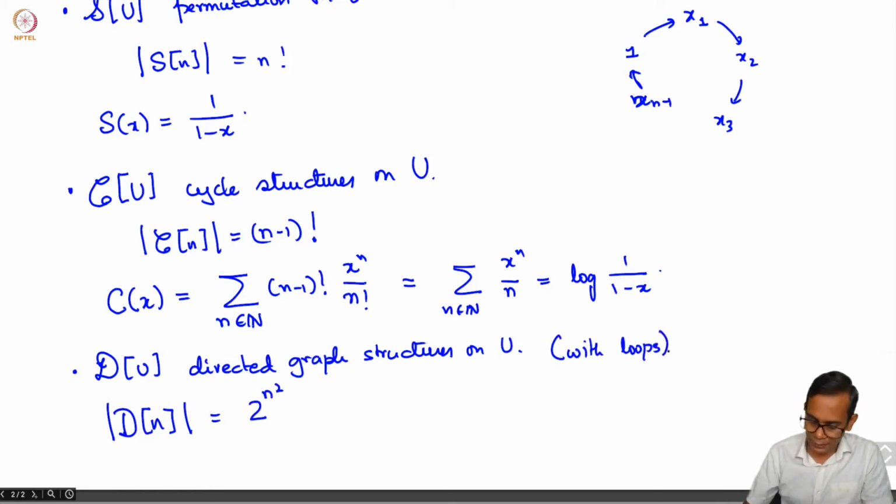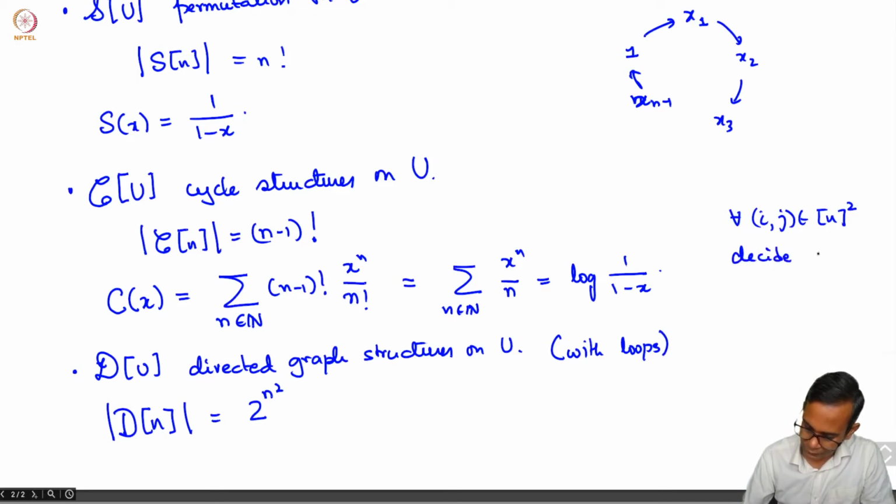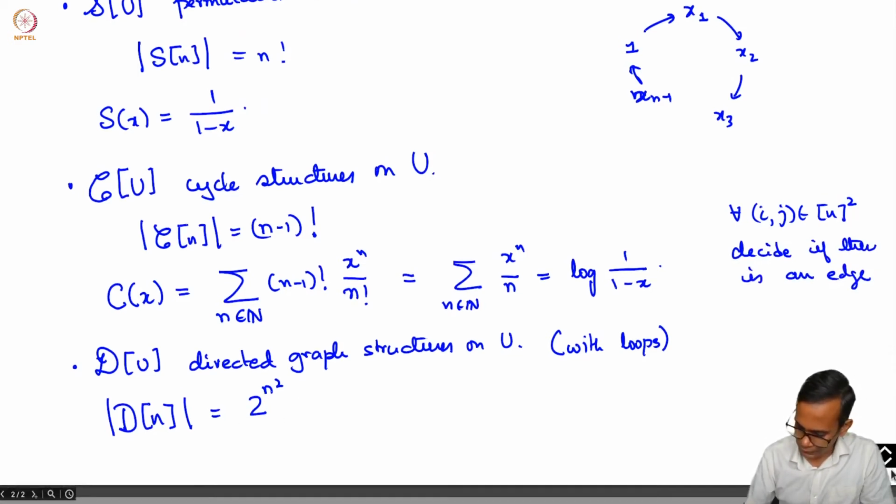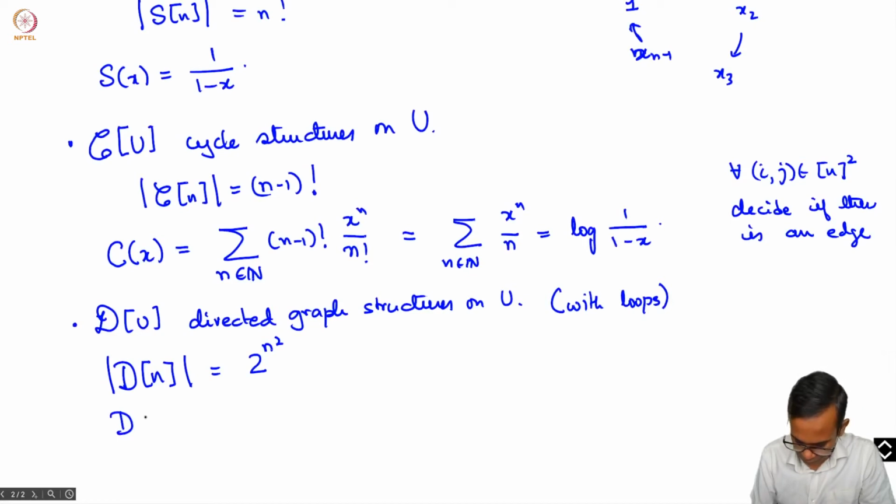So for every pair belonging to n squared, you need to decide if there is an edge. And so you'll get d_n, and D(x) is equal to the summation over n in N of 2 to the power n squared, x to the n by n factorial.